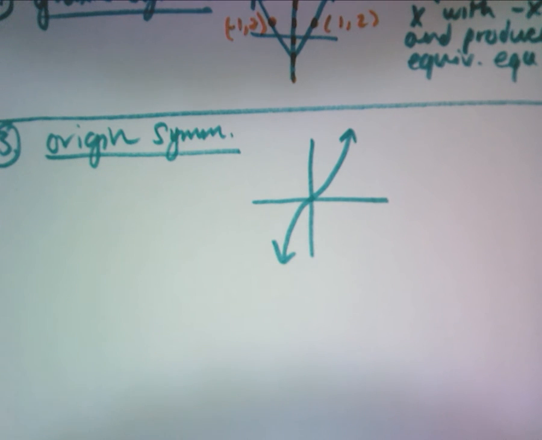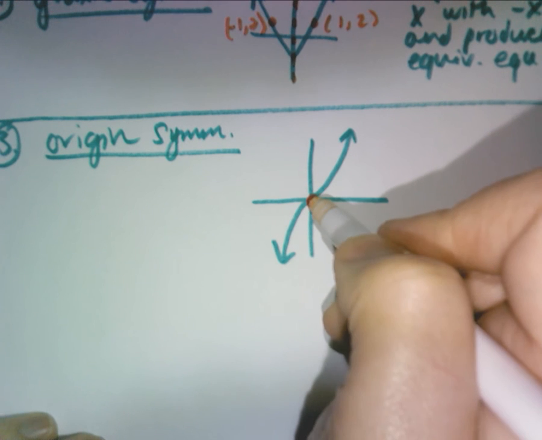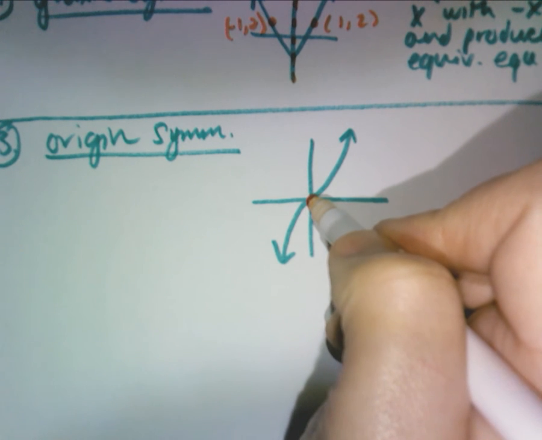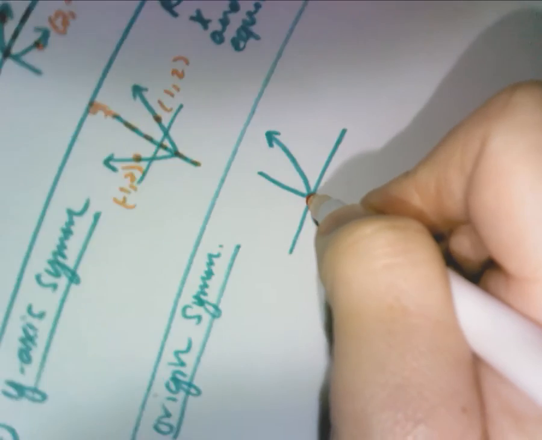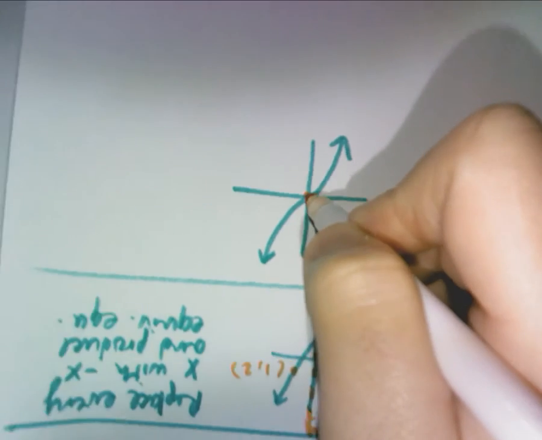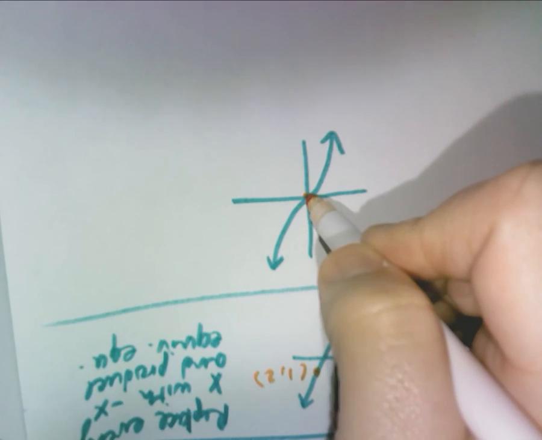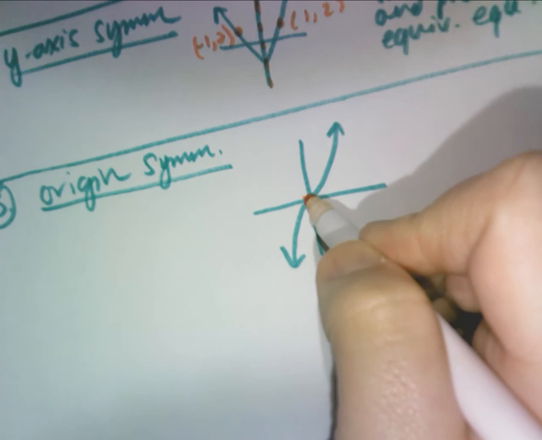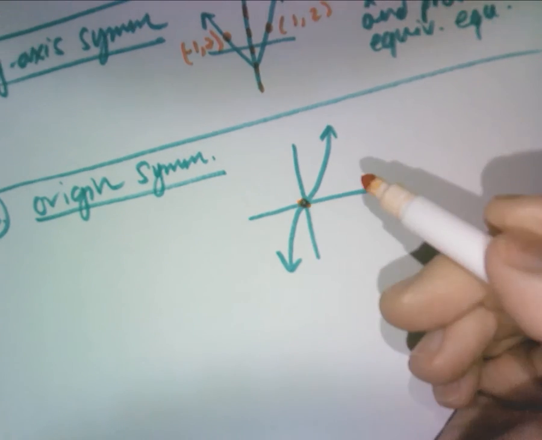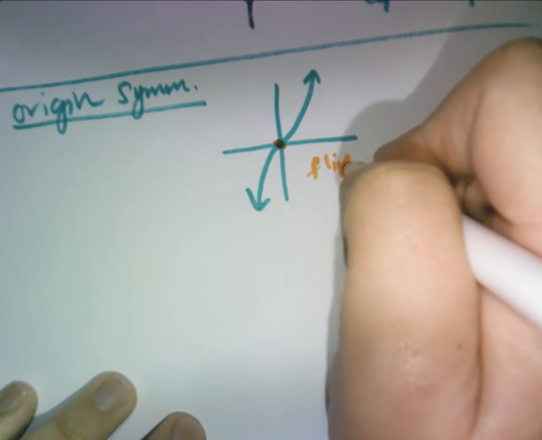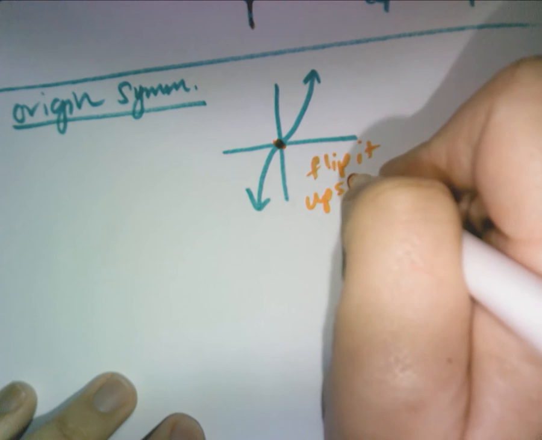And here's how you test for origin. You put your pen at the origin and you flip it upside down 180 degrees. Does that look exactly the same as that? Yes. So you need to flip it upside down.